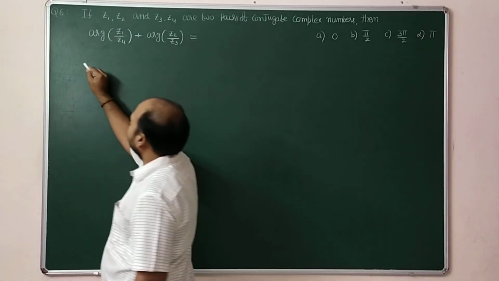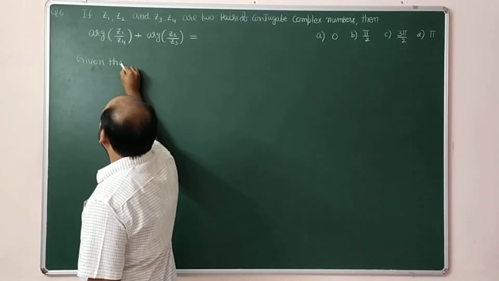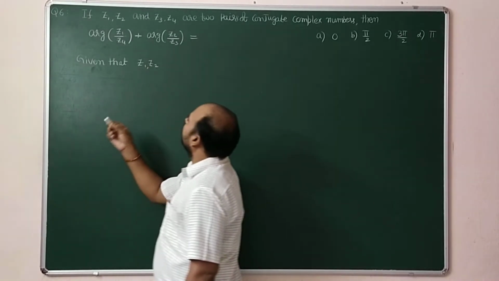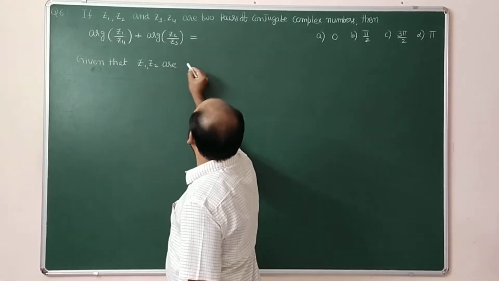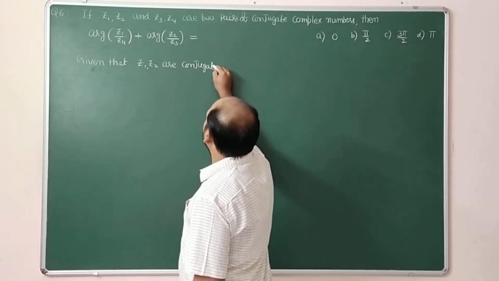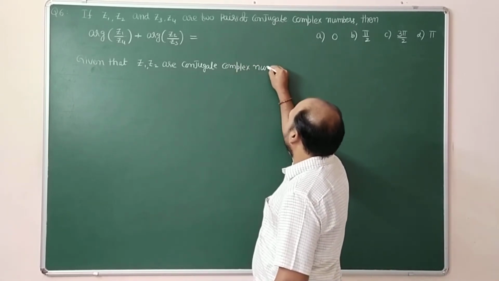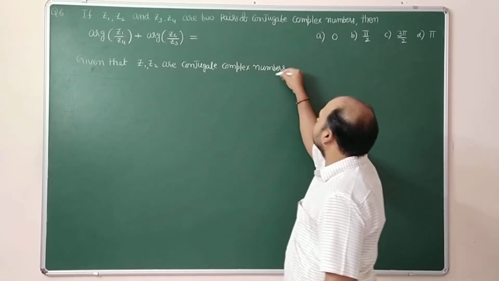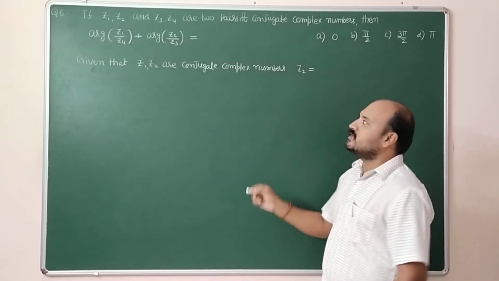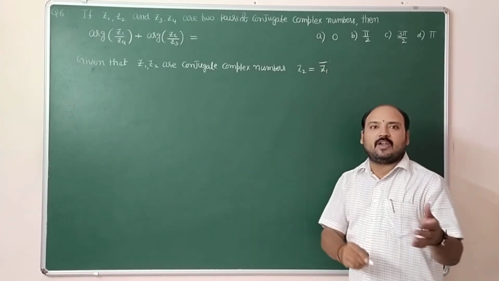See here, given Z1, Z2 are conjugate complex numbers. Complex conjugate numbers means one complex number is equal to the bar of the other, that means Z2 we can express as Z1 bar, or Z1 equal to Z2 bar.